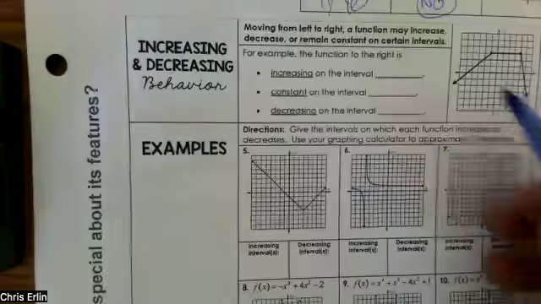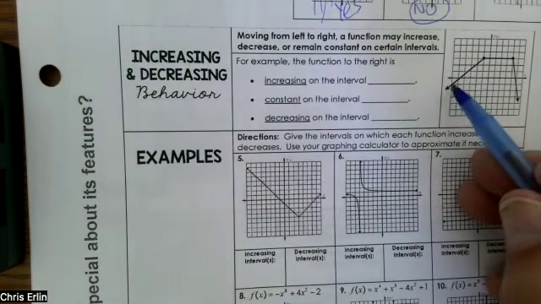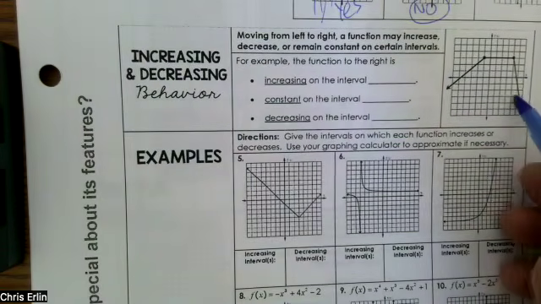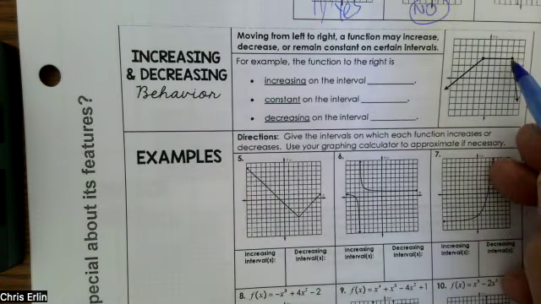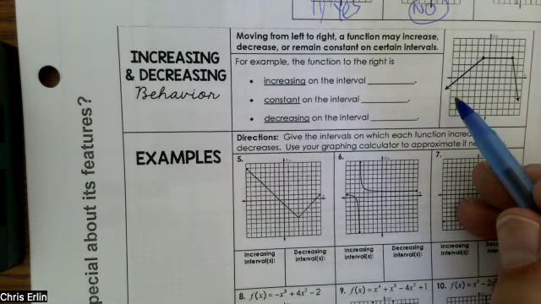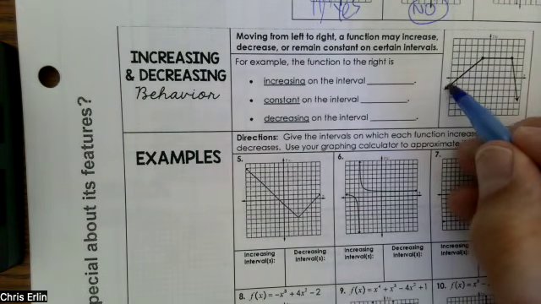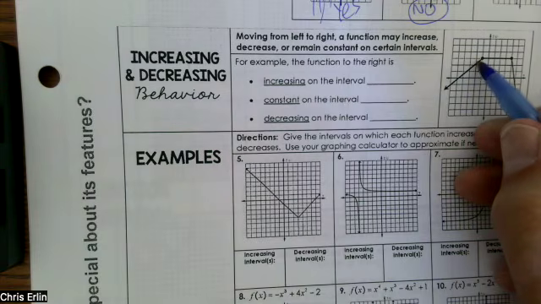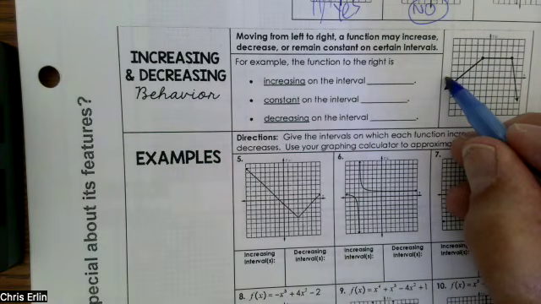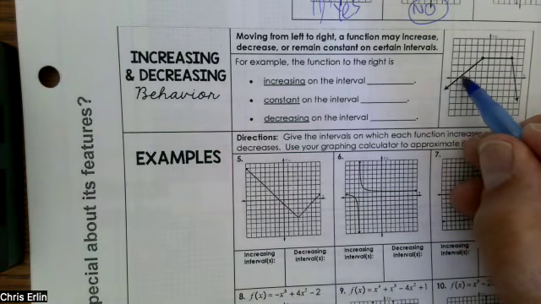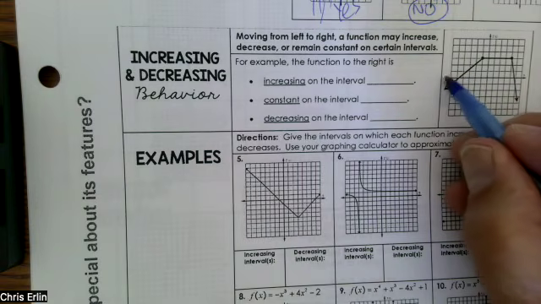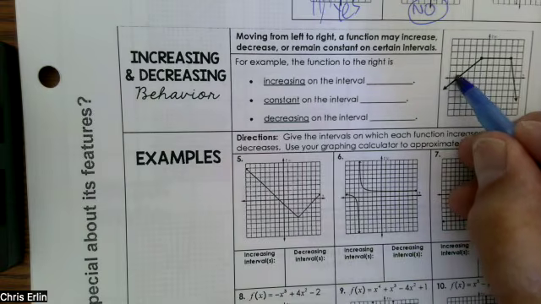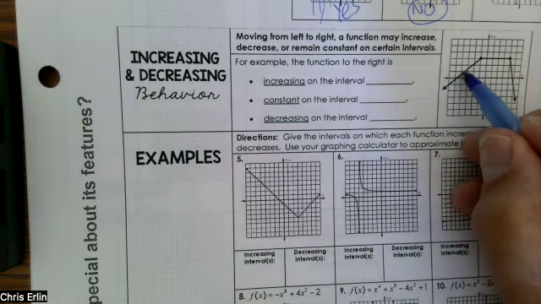So the first thing we're going to talk about is whether the function is increasing or decreasing or constant. You can also think about this as slope. This slope is positive, which means that as we move forward in time, let's say, pretend the x-axis is time, whatever value I started with, later in time, my next y value is bigger.